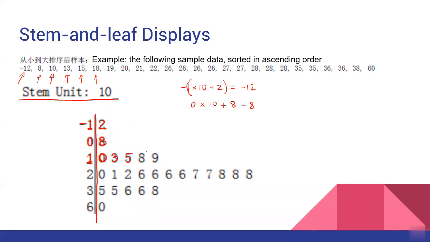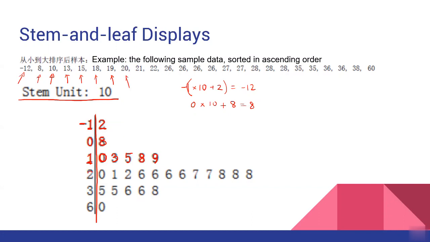Next is 18, 1 8, right? So 1 as stem, 8 as the leaf. We put an 8 here. Next is 19, 1 as a stem, 9 as a leaf. So we have 9 on the leaf side. Okay, and next we have 20.